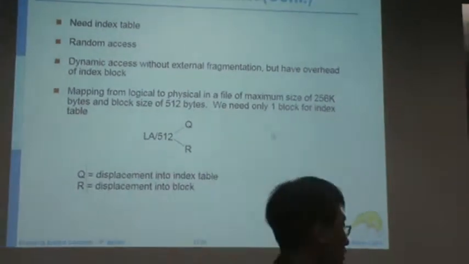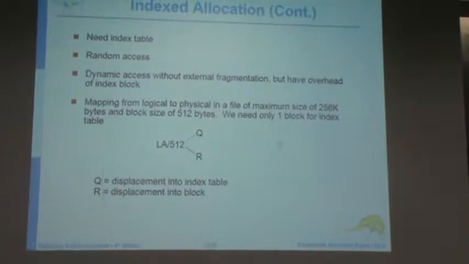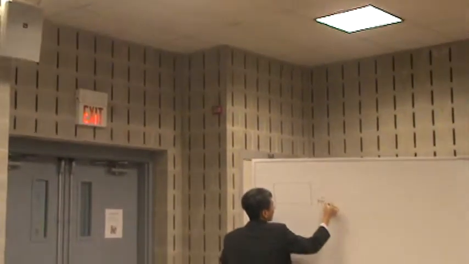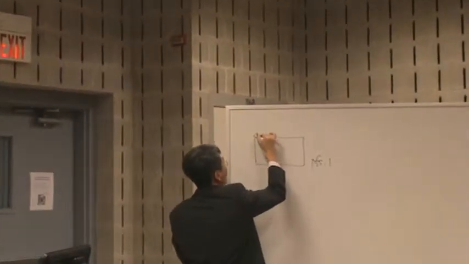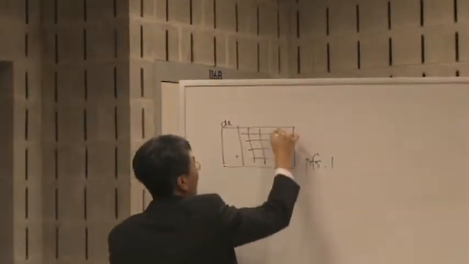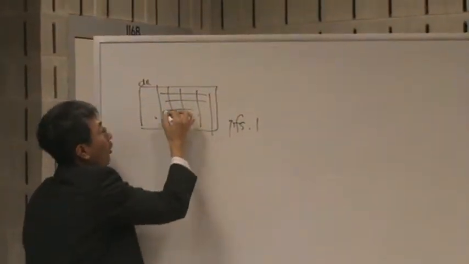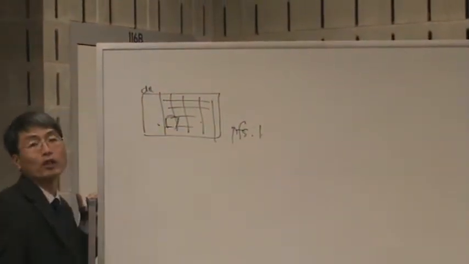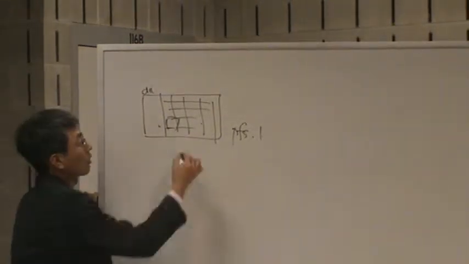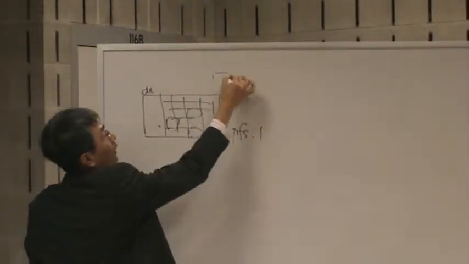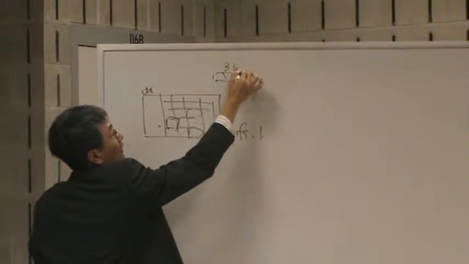So I suggest, for easy implementation, that in a PFS.1 file you have the directory structure and blocks, and in case it is full, there's nothing available. Even though you have available space, for example if you are using contiguous allocation, you may not have a block size of 5.